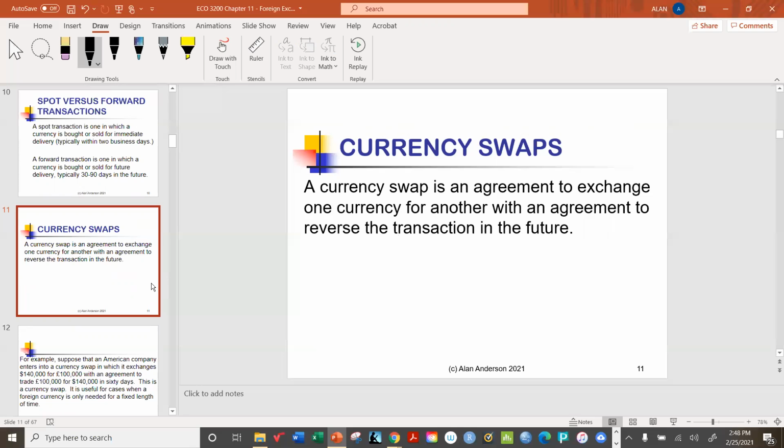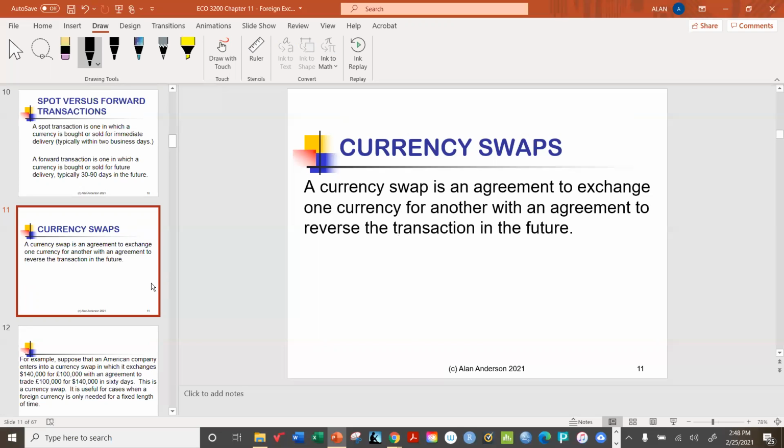So what the swap lets you do is arrange both to buy the pounds and to sell them in the future. And the advantage of this setup is that both prices are known to us today. All right, so in other words, I agree to buy pounds today, but I agree to sell them back in, let's say, 2 months at a price that we've determined today.